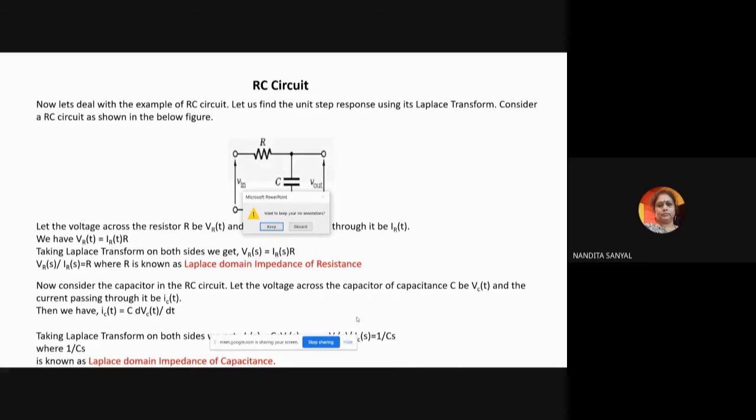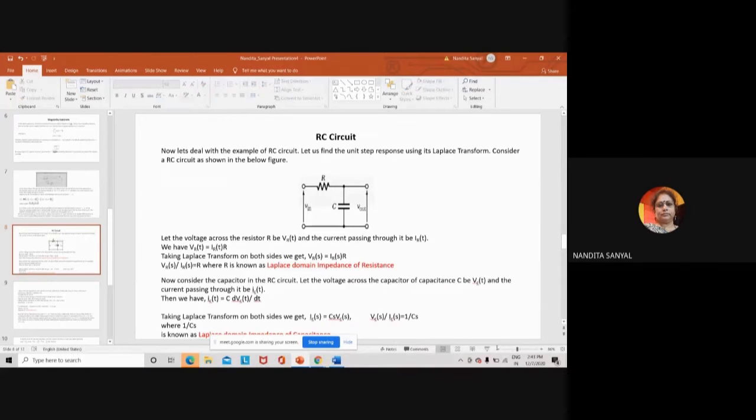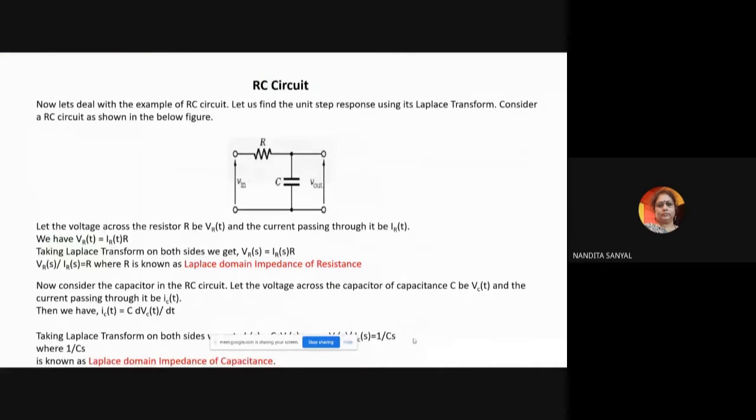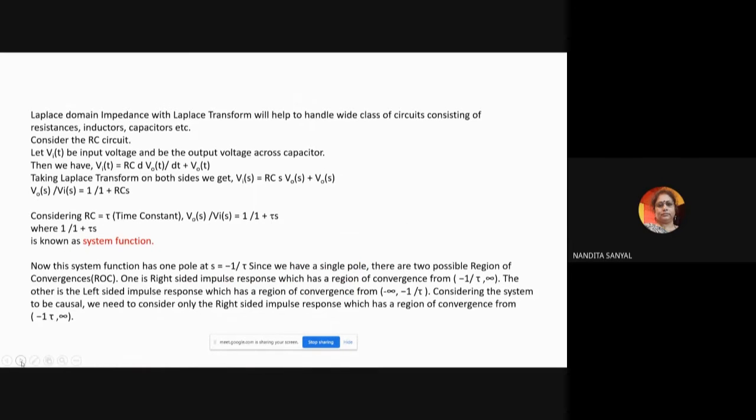If we take the Laplace transform, it will come to 1 by Cs, and this is called the Laplace domain impedance of the capacitance. So once we get the Laplace domain impedance of the capacitance and of the resistance, we can write down the equation.